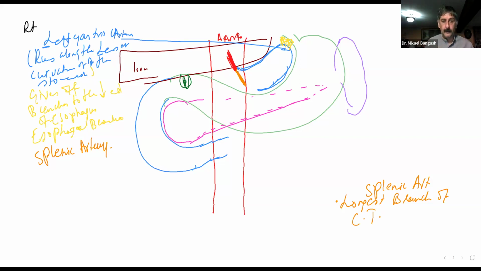Now, when it goes off like this, it goes left, but it's going to travel behind the stomach. And it has a pretty tortuous course like this. So it's not going to be straight, but rather in big waves like this.